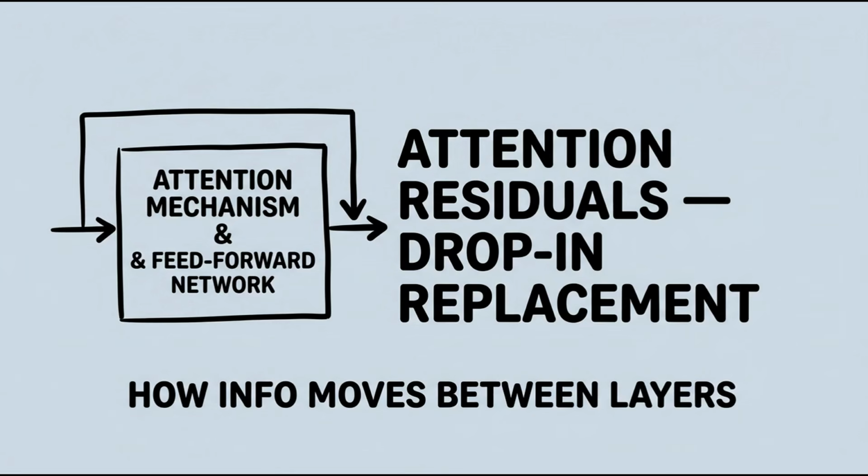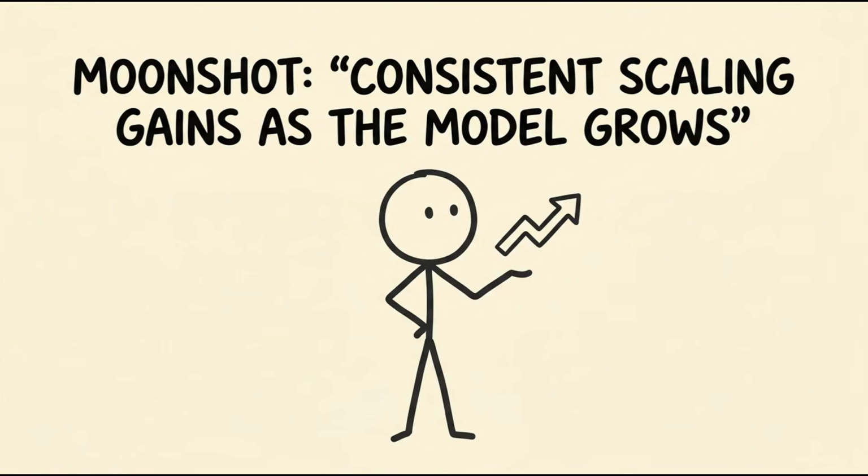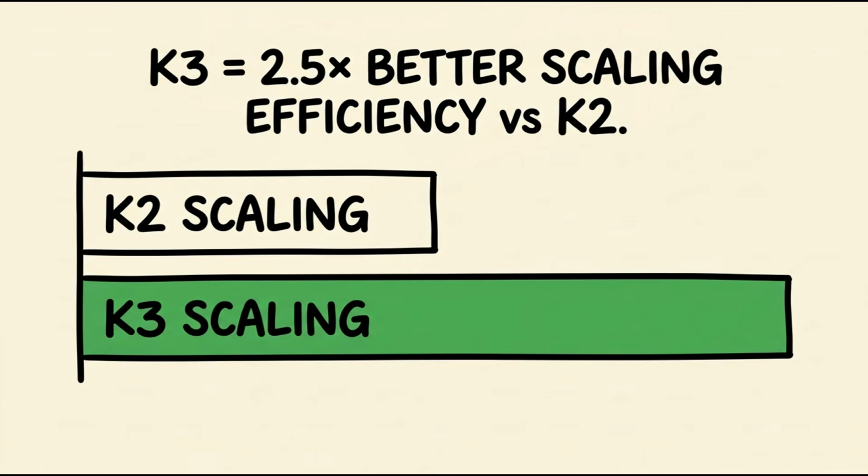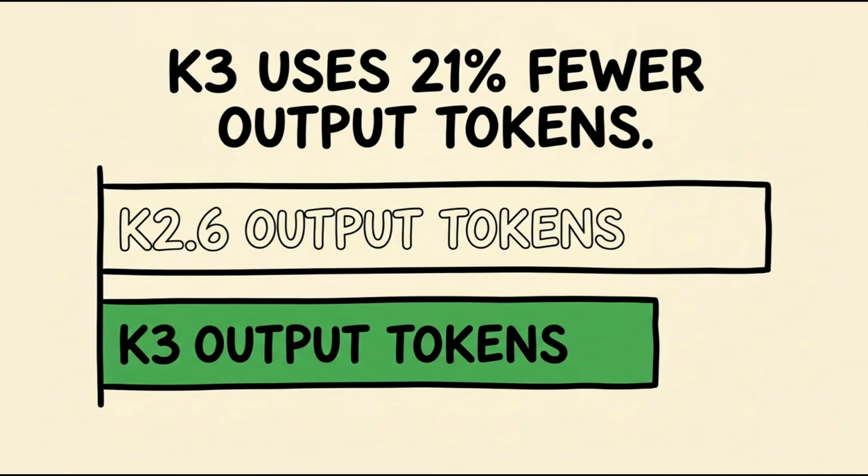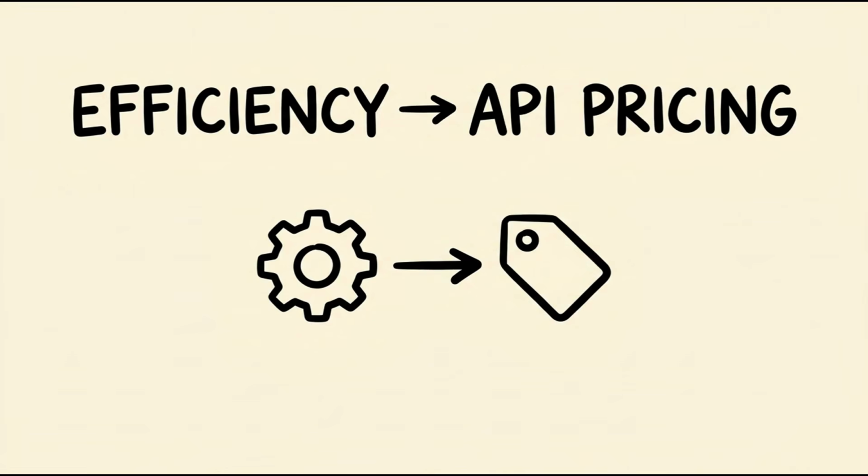And attention residuals, a drop-in replacement for how information moves between transformer layers, which Moonshot says delivers consistent scaling gains as the model grows. Combined, Moonshot claims roughly 2.5x better scaling efficiency over K2, and K3 uses 21% fewer output tokens than K2.6 on equivalent tasks. That efficiency is exactly why the API pricing looks the way it does.